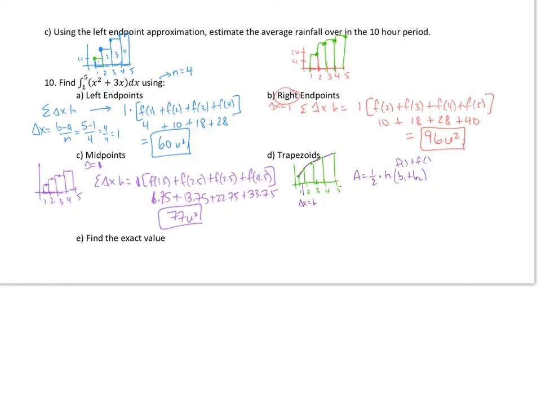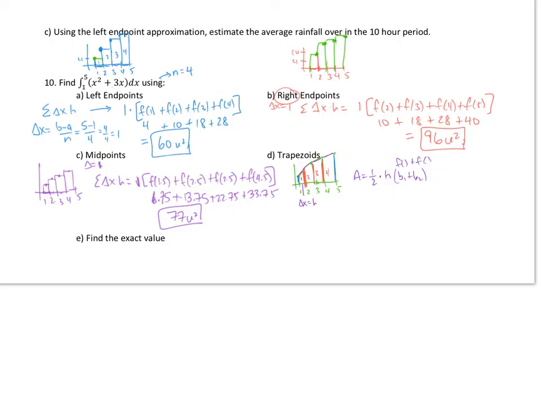I'm using this piece, this 1 and the 5, only once, yet I'm using all these other pieces, the 2, the 3, the 4, twice. Piece number 2 gets used in both trapezoid 1 and 2, piece number 3 gets used in both, and piece number 4 gets used in trapezoid 3 and 4, whereas the ends only get used once.